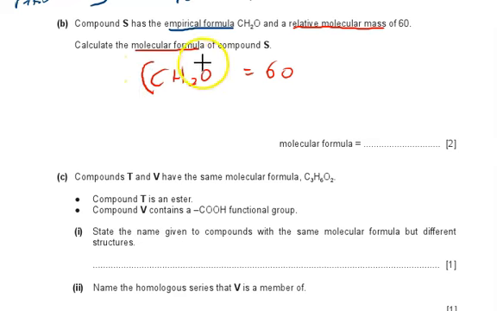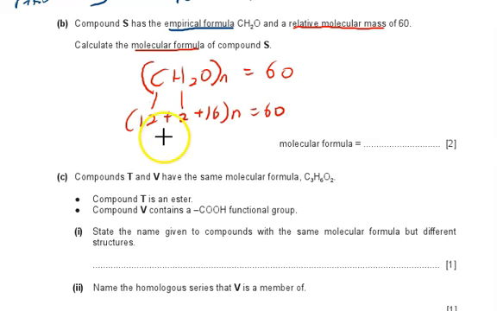So here we just have to do a bracket with n, and we add all the RAM. So here will be 12 plus hydrogen 2, plus 16, so here we will have 30. So 30n equals 60, and the n here you'll be getting as 2.